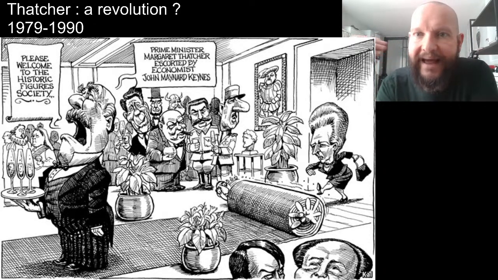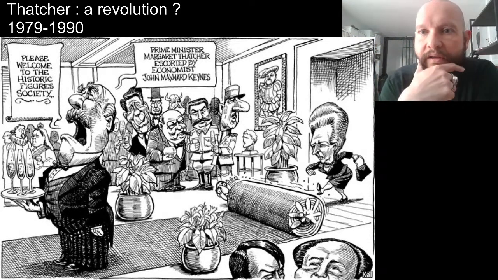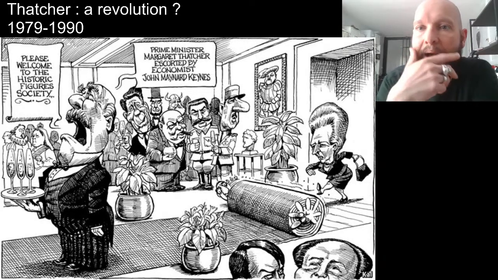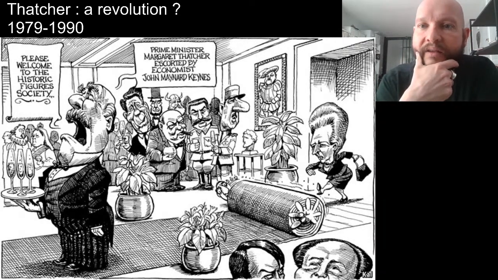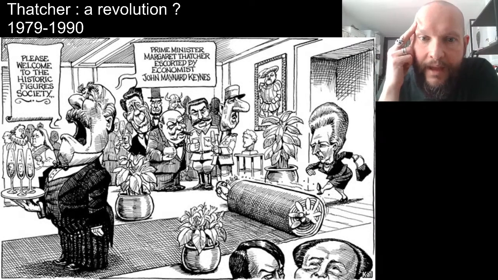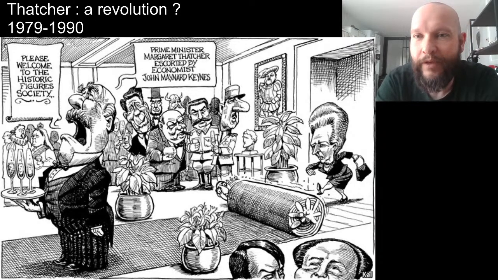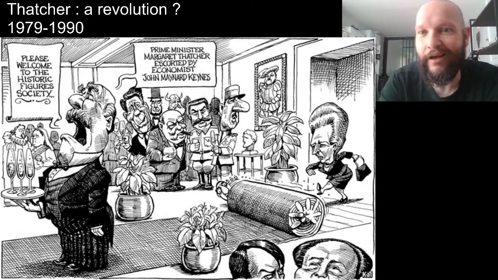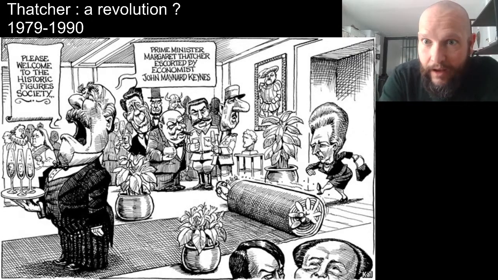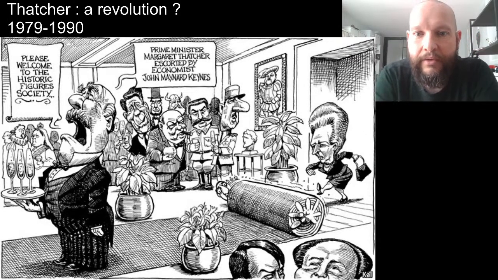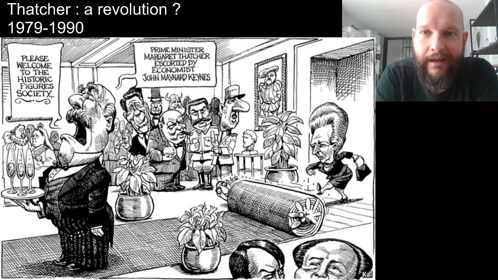Queen Victoria, she led, but actually the Prime Minister in the UK had power, whereas she had the power for herself as being a Prime Minister in the UK. And the other element, of course, which is irony, is that Prime Minister Margaret Thatcher is escorted by economist John Maynard Keynes. And you can see that Keynes is totally imprisoned and made incapable of doing anything by Margaret Thatcher, rolling him into and tying him into a carpet.